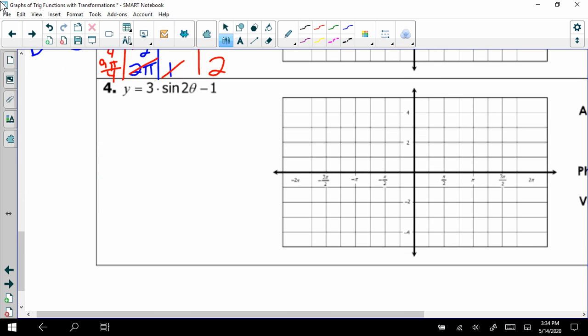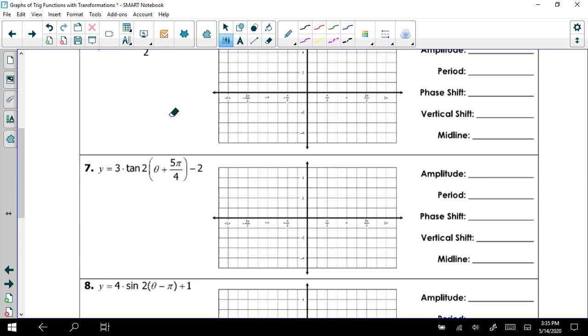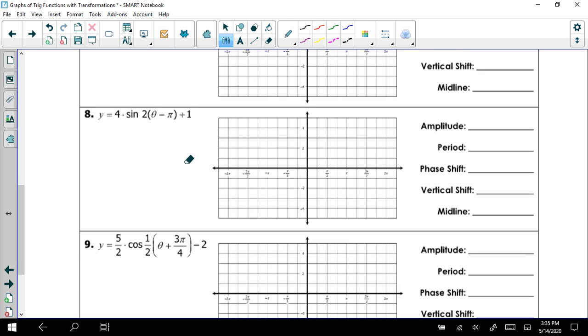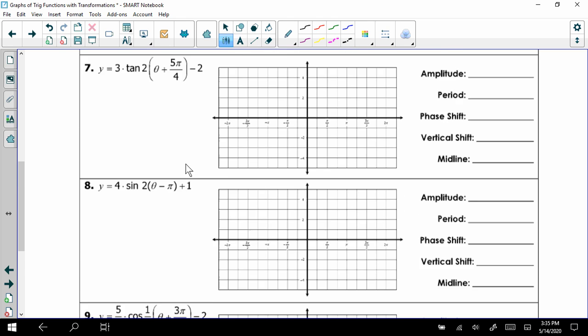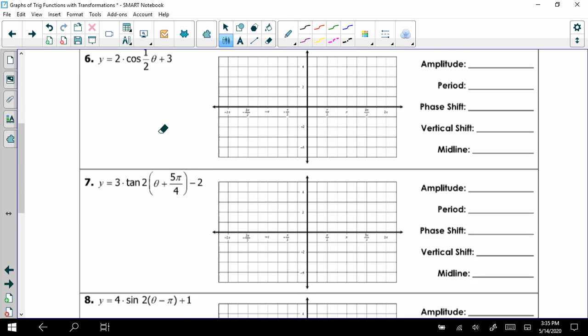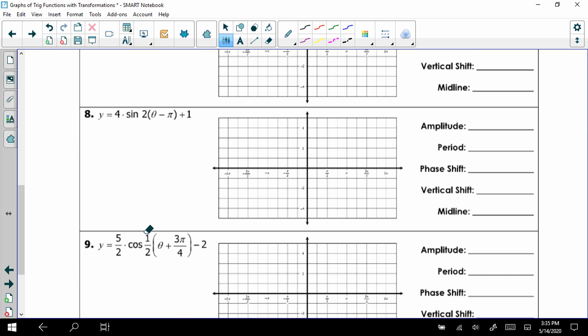Okay, let me pick a good one. Let's do this tangent one first, even though it's not B. And then let's do this sine one. This number 9, if you don't want to do number 9, it's okay.